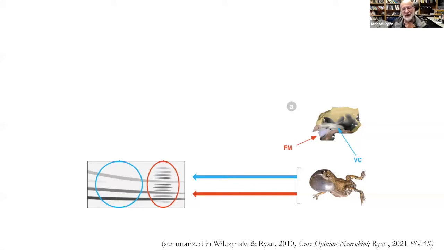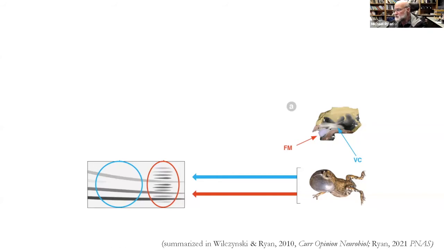A frog larynx is not that different from our larynx. There are vocal cords in both larynges. Air comes from the lungs, it flutters the vocal cords, and this produces sound.